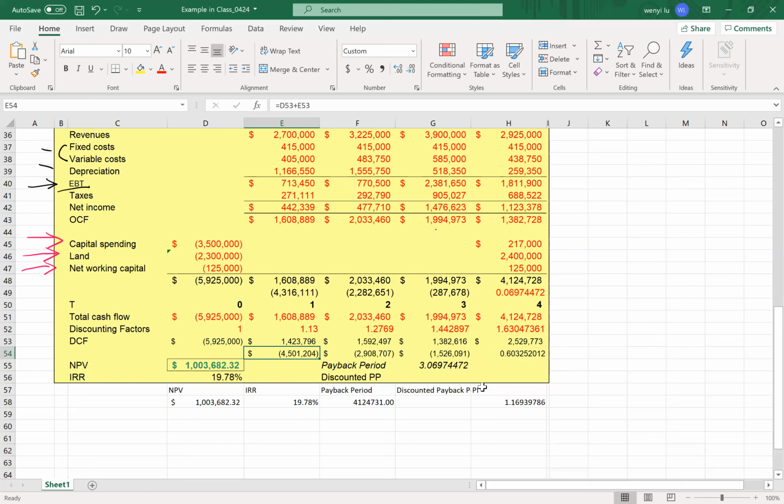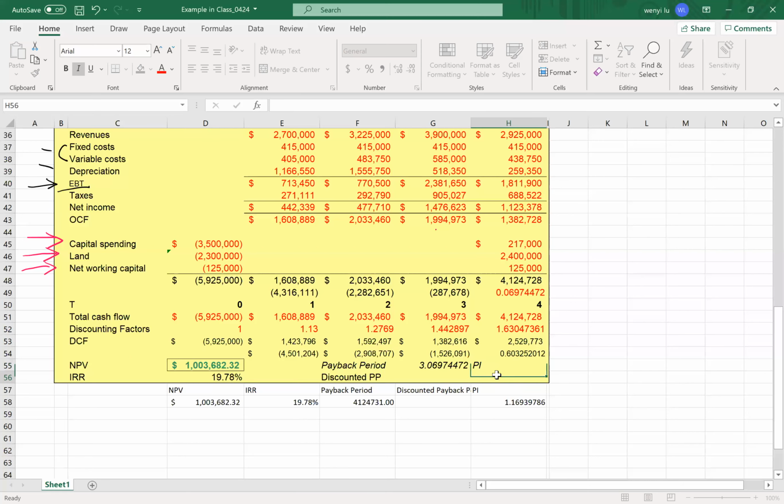Also, you can solve the PI index, the profitability index. The PI index is equal to the total discounted inflows over the total discounted outflows.